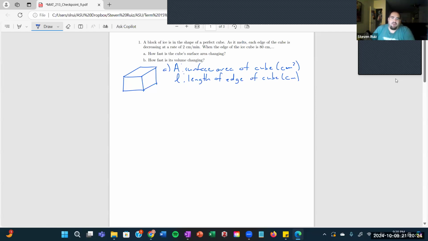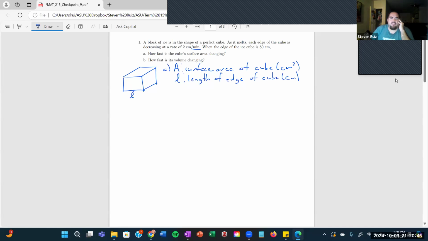And when I emphasize for now, it's because I see that this rate is given in terms of unit time. So that is going to come from when I need a derivative. But first, I can make an equation for the surface area of my cube as a function of its length.